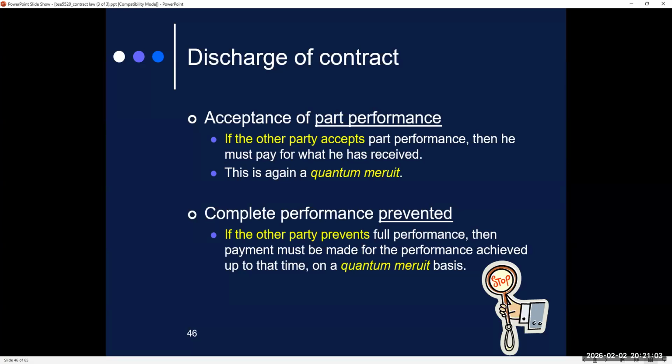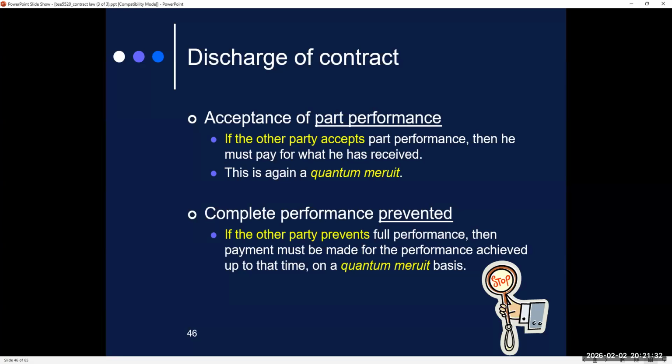But if I'm the owner of this room, I tell the cleaner, okay, you need not clean the remaining half of this room because we are going to start our lecture. No time. You are not allowed to come in again to clean the remaining half of the room. Then the cleaning of the remaining half is prevented by the owner.